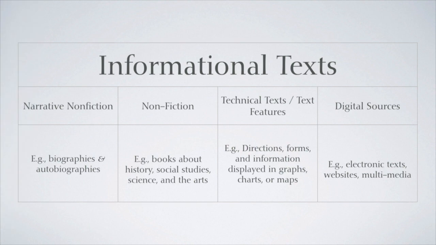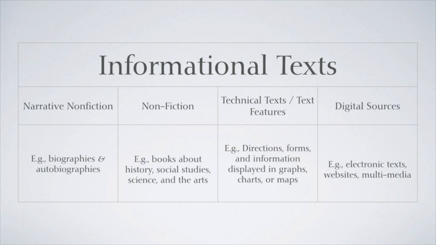Let's look at this definition in the form of a table to help us understand this better. So informational text includes narrative nonfiction, other nonfiction, such as historical nonfiction and scientific nonfiction, technical text and/or text features, and digital sources.